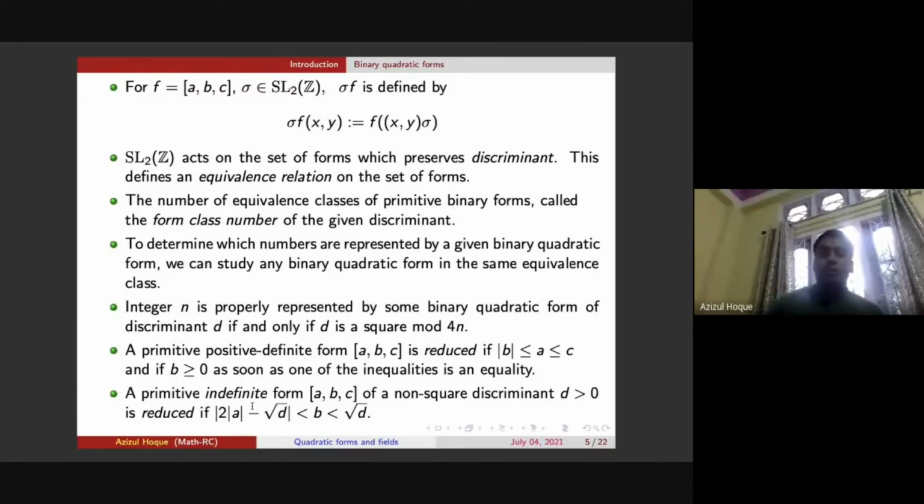So to know the exact number of these equivalence classes, one needs to find out the equivalence relation among those reduced forms.